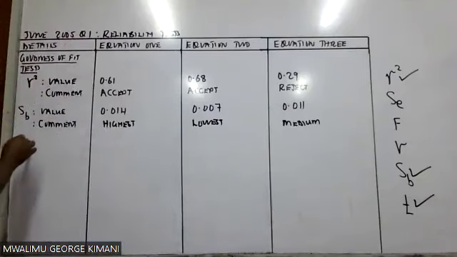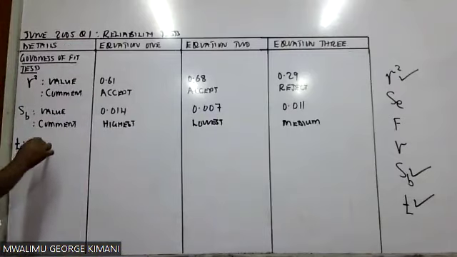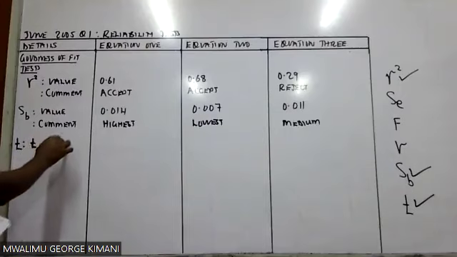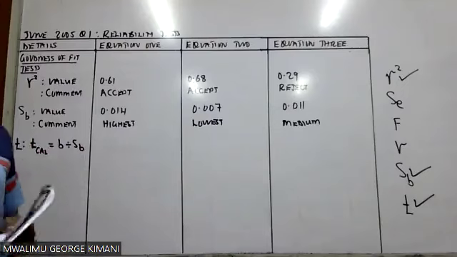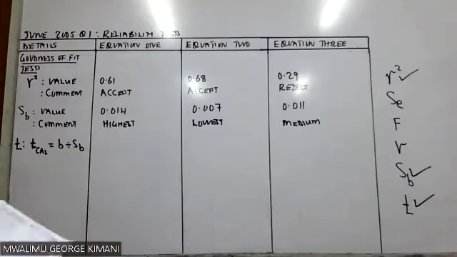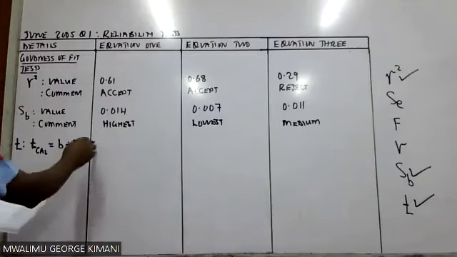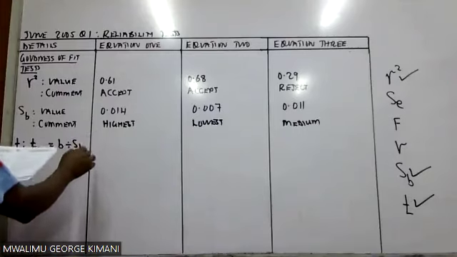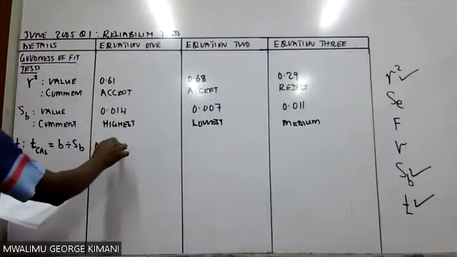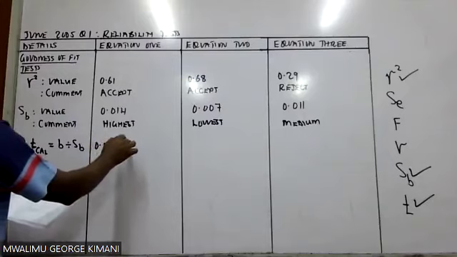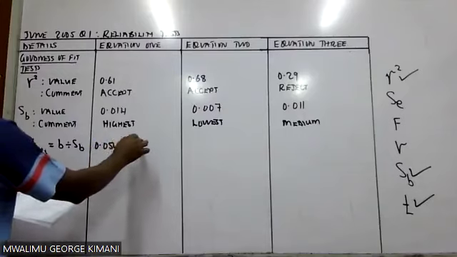You need to get the calculated, which we say T calculated should be given as B, you divide by SB. It should be B, you divide by SB. So in equation 1, the slope is 0.054. You divide by the standard error of the slope, 0.014.